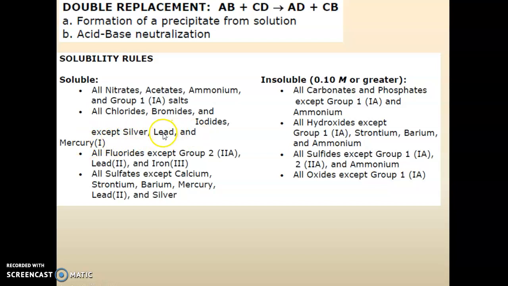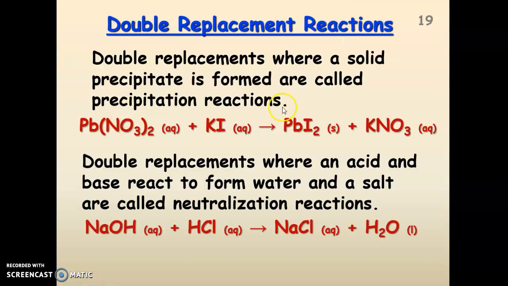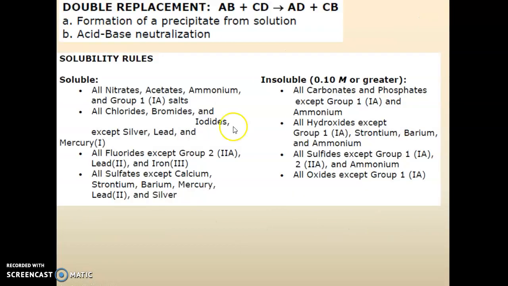What that means is that lead iodide is an exception, is not soluble, so that's why this would be the precipitate. Potassium nitrate is soluble. All nitrates are soluble, and it's also a group 1 salt. Potassium is a group 1 metal, so that makes potassium nitrate a group 1 salt. So it's soluble. It doesn't form a precipitate.